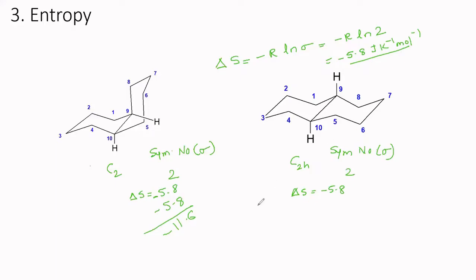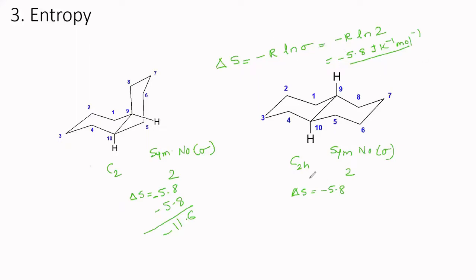So this entropy calculation is showing us that trans decalin is comparatively a rigid and stable structure compared to cis decalin. Did the calculation make sense? We found the symmetry number 2. The formula is delta S equals minus R ln sigma.